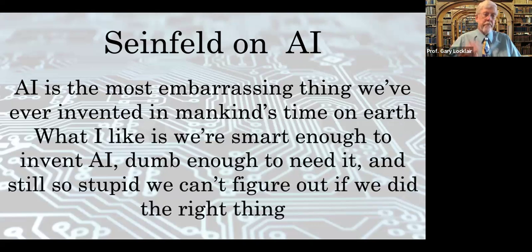What I like about AI is we're smart enough to invent AI, dumb enough to need it, and still so stupid we can't figure out if we did the right thing. Making work easier. This is the problem.